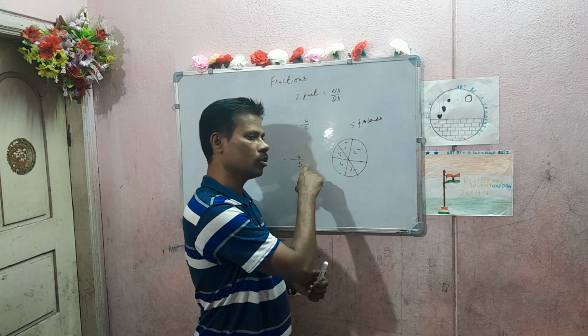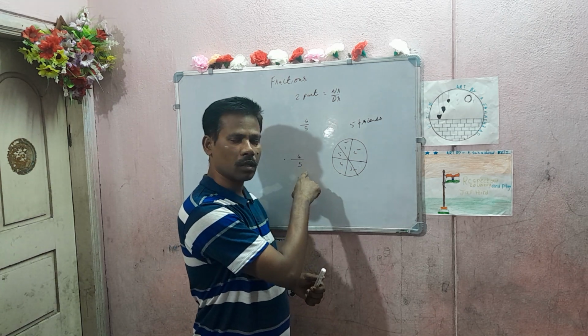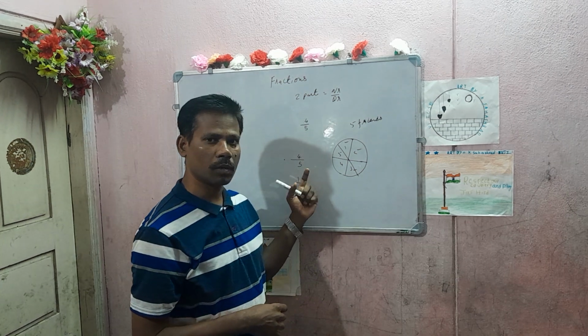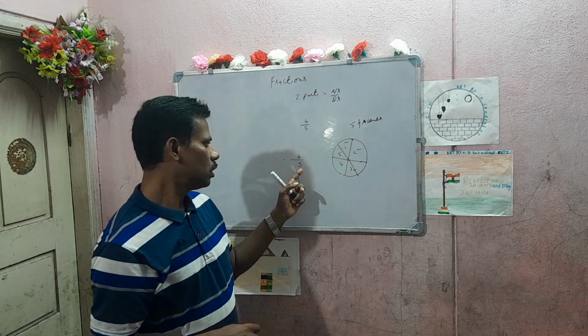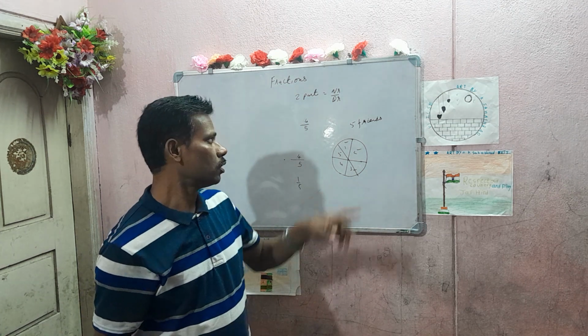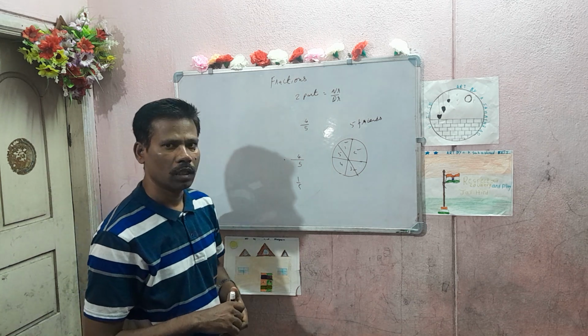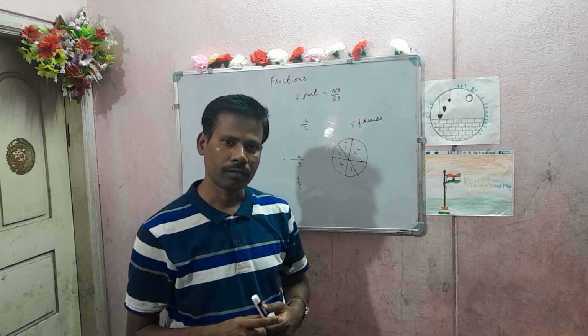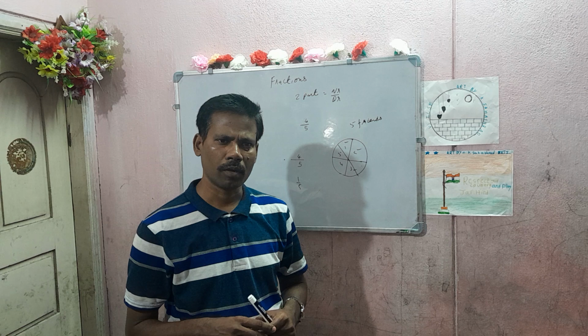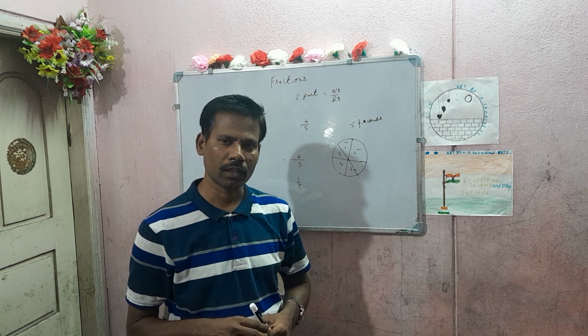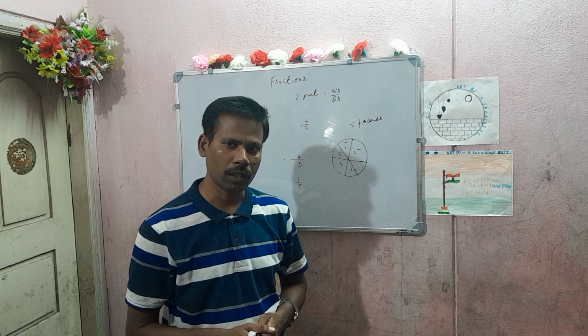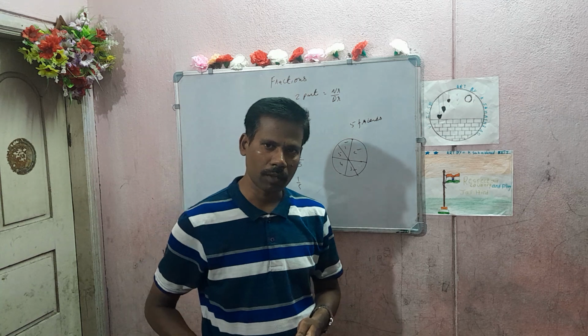The upper part is called numerator. The lower number what you are seeing is called denominator. Numerator, denominator. Next, there are several types of fractions: proper fraction, improper fraction, mixed fraction, like fractions. There are so many things which we are going to discuss in the coming class.